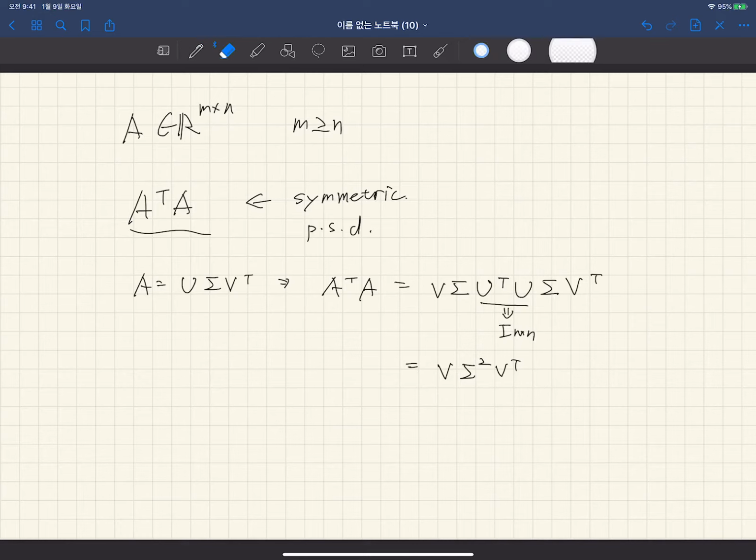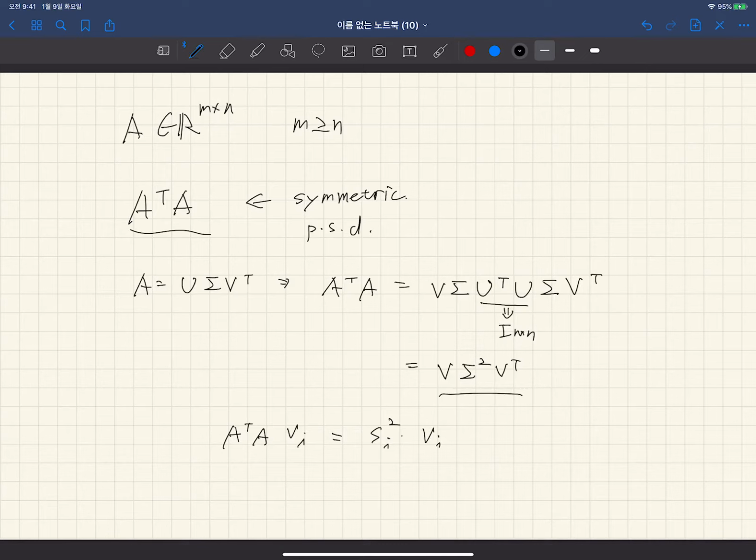When you multiply Vi by A transpose A, this equals the i-th singular value of A squared times Vi.